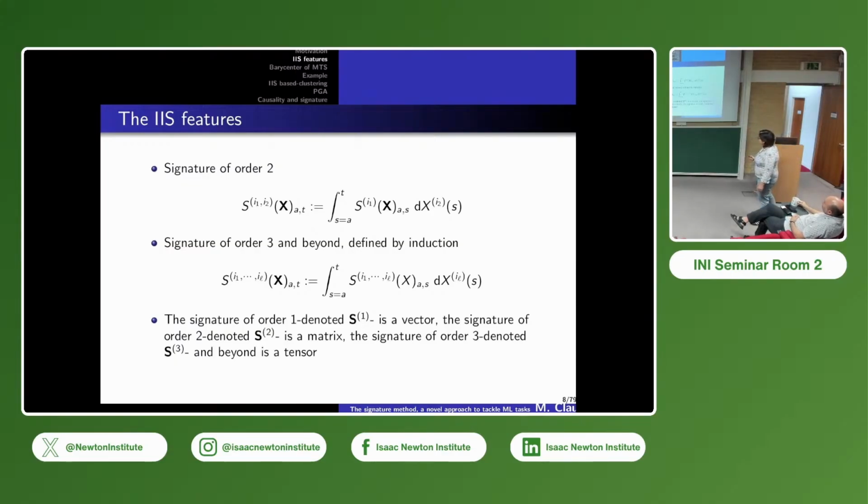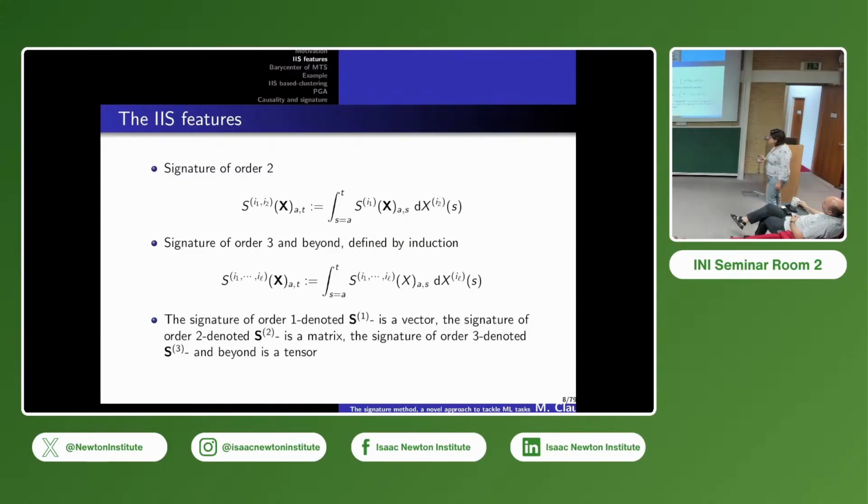So the point is that it is a complex object, and you may think of this complex object from several points of view. You may think about moments, the extension of cumulants or moments. You may think also about this signature as a Taylor expansion, which is another point of view.